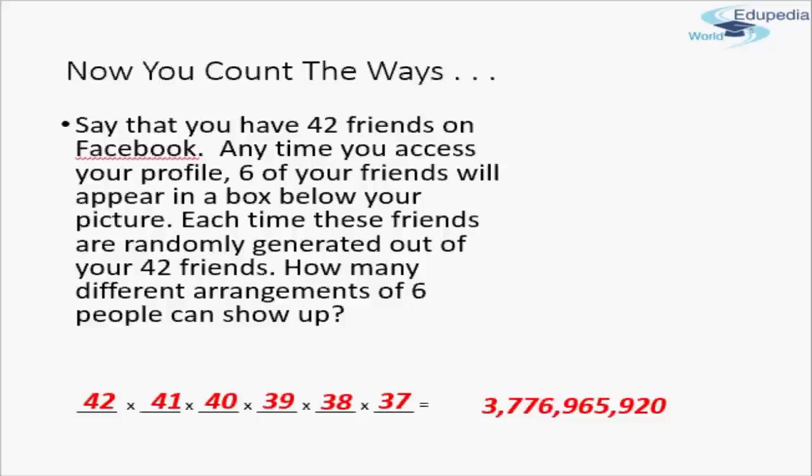So basically the first time you go, there are 42. Now one friend is gone, so you're left with 41. Once that friend is gone, you have 40 left, then 39, 38, and 37. Basically the point of this example is that it's just like the card example: you have altogether 42 friends, you take out the profile of one friend, you're not going to replace it, so you're left with one less and then one less.